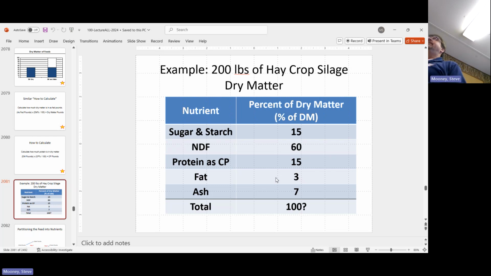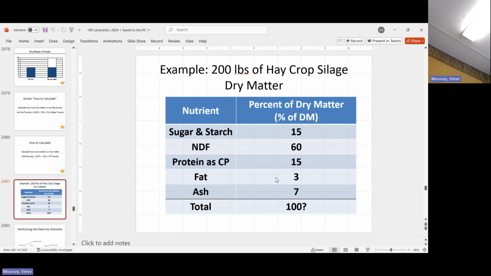Ash is crude mineral. So you're missing vitamins. Why is vitamins not up there? Because it's such a small amount, we're going to lose it in the weights that we're dealing with. So we break up that 200 pounds of dry matter into its components.